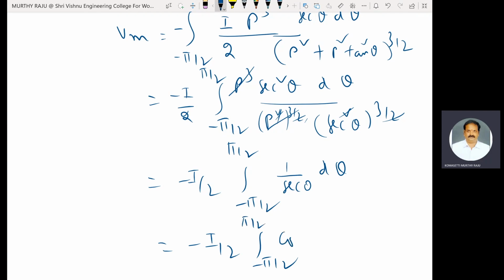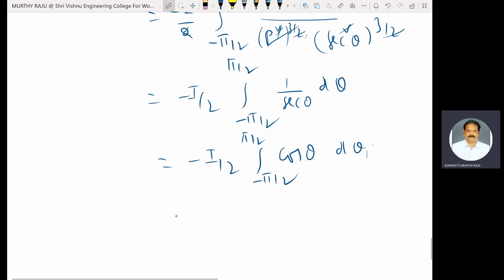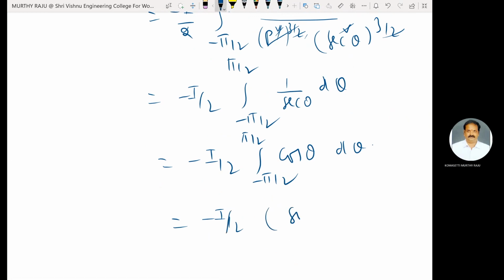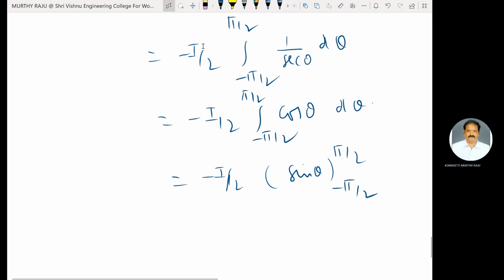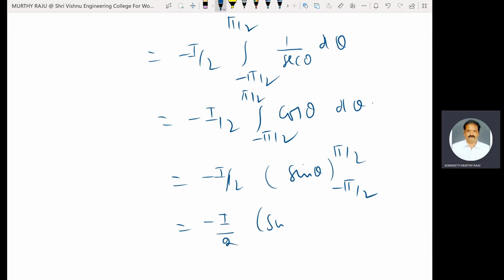That is minus I by 2, integral from minus pi by 2 to pi by 2 of 1 by secant theta, which is cos theta d theta. Integral of cos theta is sin theta. Minus I by 2 times sin pi by 2 minus sin of minus pi by 2.